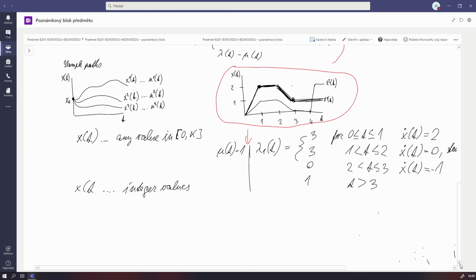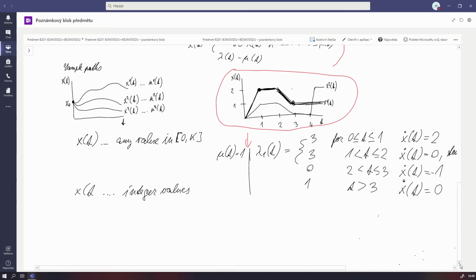The lambda is 0, so that the dynamics is 0 again. The second sample path would be computed in a similar way.